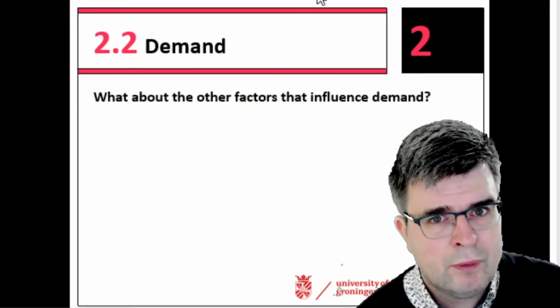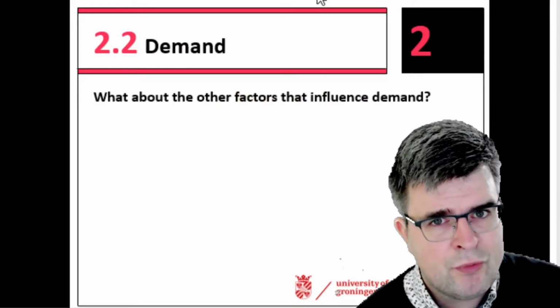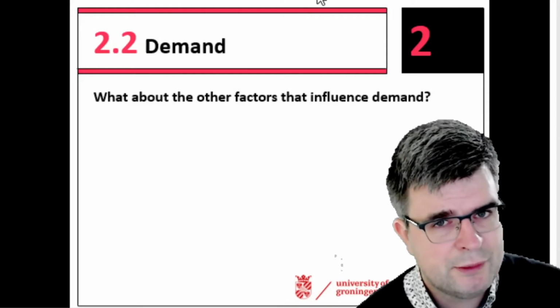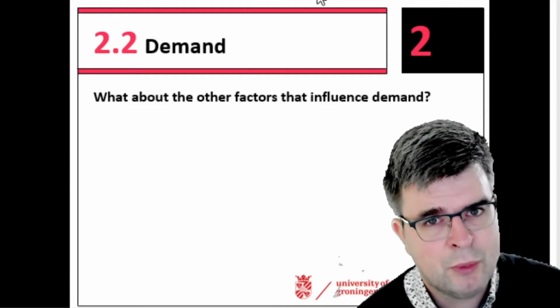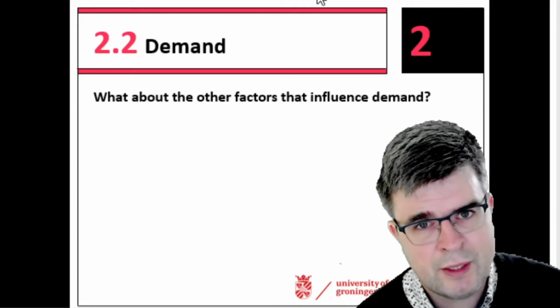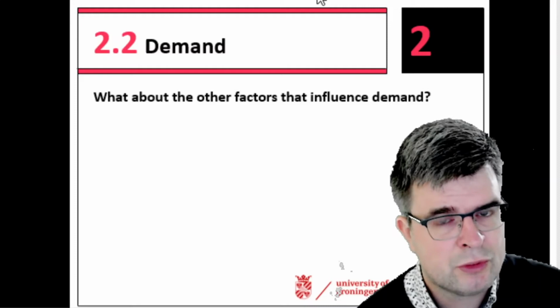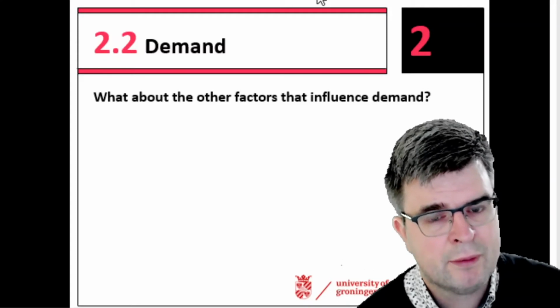Now, what about the other factors that influence demand? So we've now focused on price, but a couple of slides ago, we also discussed that consumer tastes, the number of consumers, the price of other goods may also impact demand.